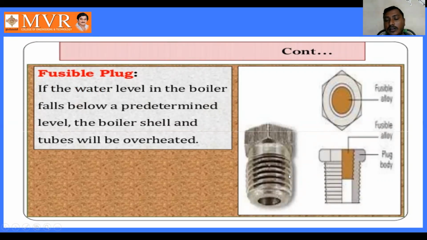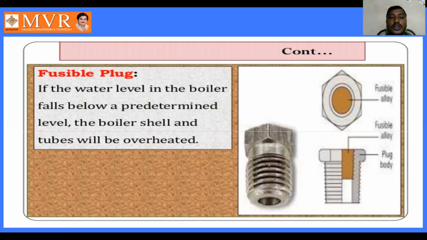We use the fusible plug because when the water level falls below the predetermined level, the shell and tubes are going to be overheated.